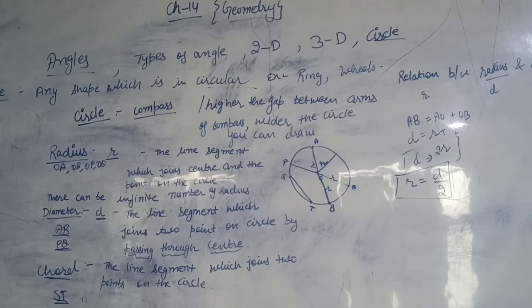Next, that is chord. The chord is also a type of line segment which joins 2 points on the circle, but in this one condition is given, and that is that it should not pass through the center.